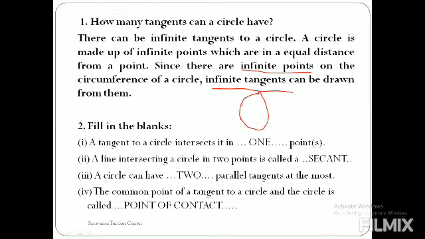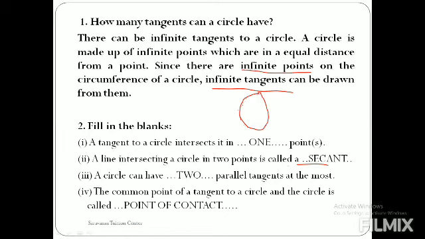A tangent to a circle intersects it in only one point, because if a line intersects the circle at two points, it is known as a secant. A line intersecting a circle in two points is known as a secant. A circle can have two parallel tangents at the most.